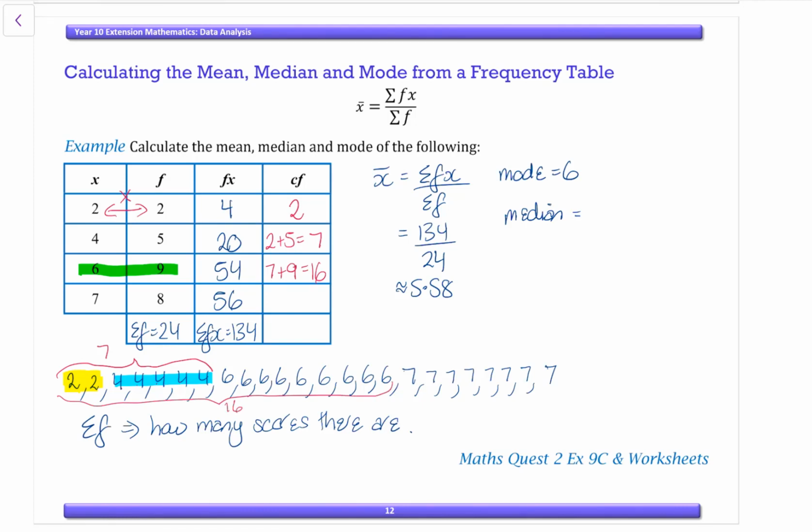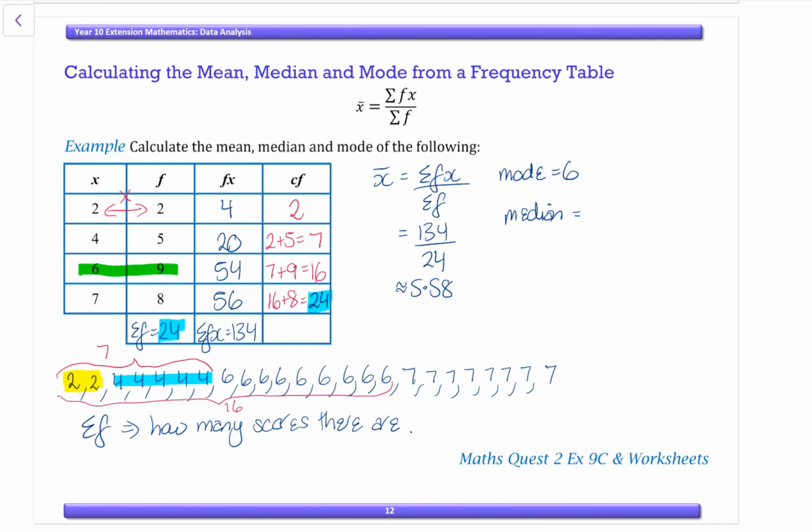So the cumulative frequency is telling me how many scores I've got. It's a running total. Then I've got 16 2s, 4s and 6s. I'm going to add in my 8 7s, and I get 24. So you should see that this 24 equals how many scores I've got.